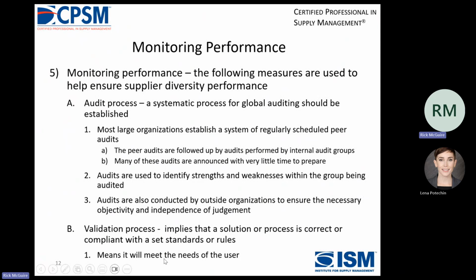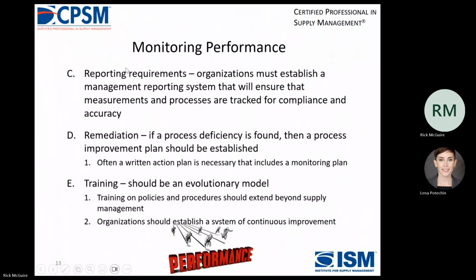Once it's validated, it means it's compliant. And reporting requirements: got to establish a management reporting system, track for compliance and accuracy. And remediation is if a deficiency is found, then a process improvement plan should be established. That's called remediation. And then you also have training on policies and procedures and continuous improvement.